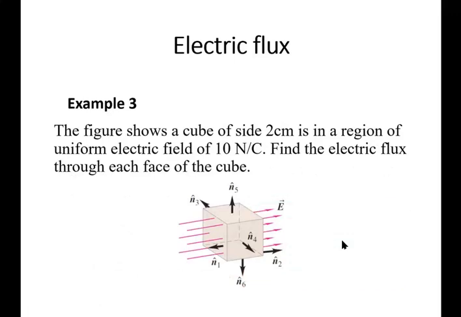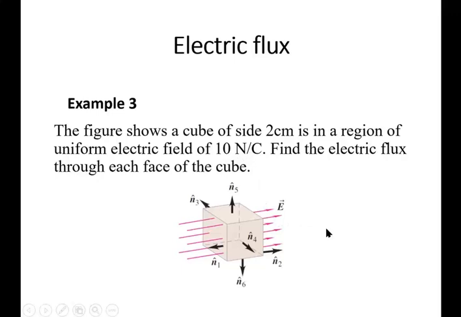Now there is a box, and the box has 6 surfaces, but there is an electric field traveling from one side of the box and emerging from the opposite side of the box. We are expected to find the electric flux through each of the 6 surfaces of the box. Now the field strength is also given as 10 Newton per coulomb.